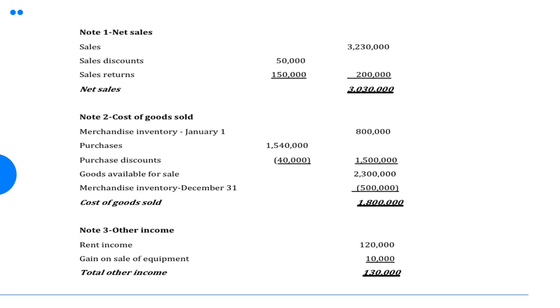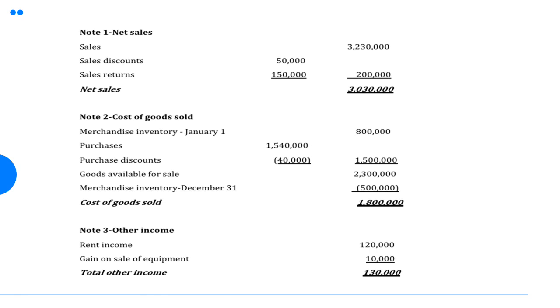Note 1 net sales. Sales 3,230,000. Sales discounts 50,000. Sales returns 150,000. The net sales is 3,030,000. Note 2 Cost of goods sold. Merchandise inventory January 1, 800,000. Purchases 1,540,000 less purchase discounts 40,000.